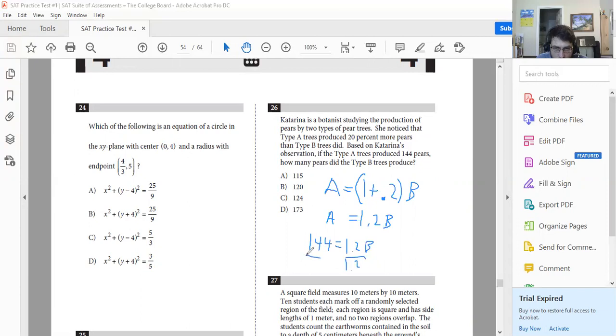If we divide by 1.2, bring back up our calculator. 144 divided by 1.2 will be 120 even. So we have B equals 120, which is actually the letter B also. Okay.